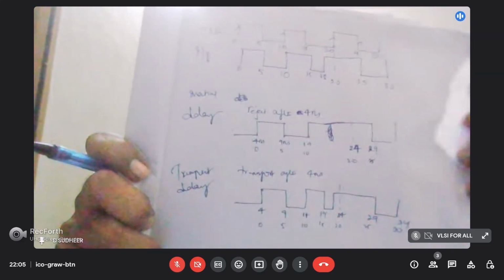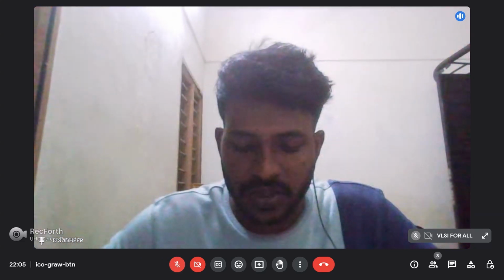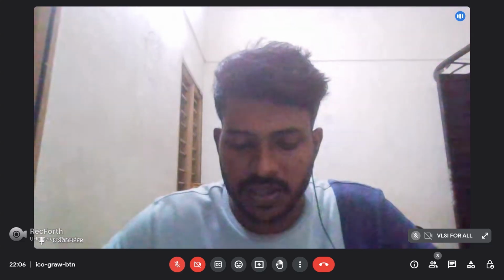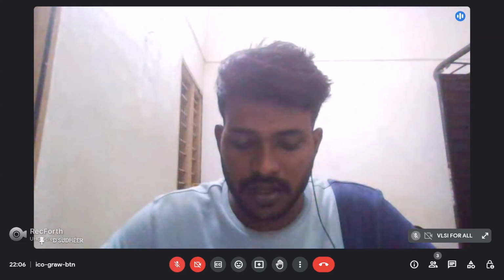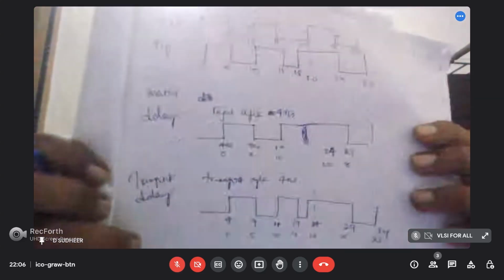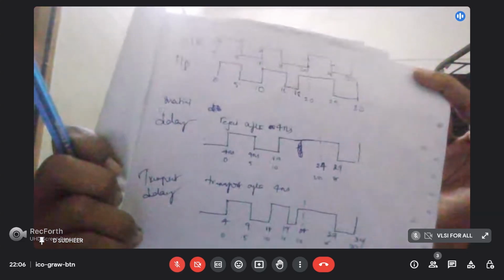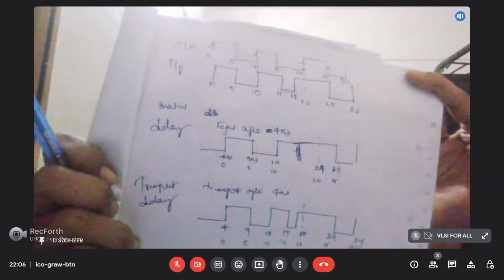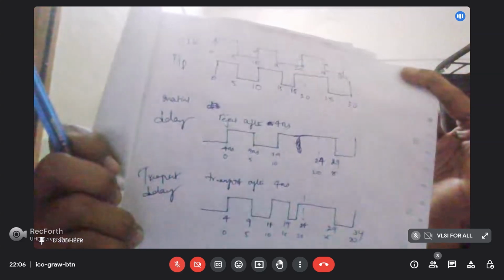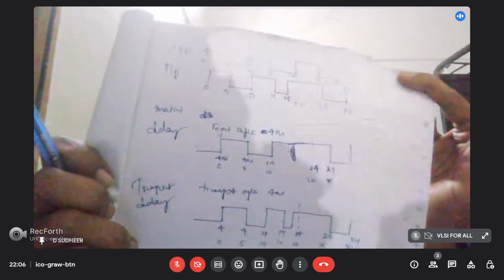Is it visible, sir? Yes, visible. Explain it. If you take a clock that is zero, and after 5 nanoseconds it goes from rise to fall, and then you take the input like this. The first one is the clock, the second one is the input, and the third is the output. Between 15 and 18 the input pulse is only 3 nanoseconds wide, but we gave an inertial delay of 4 nanoseconds.